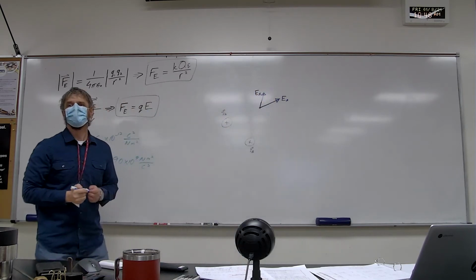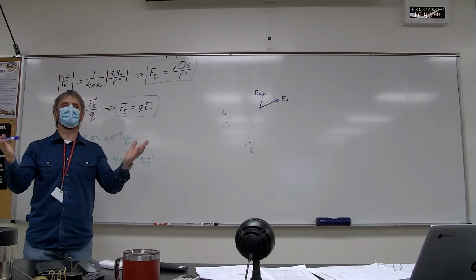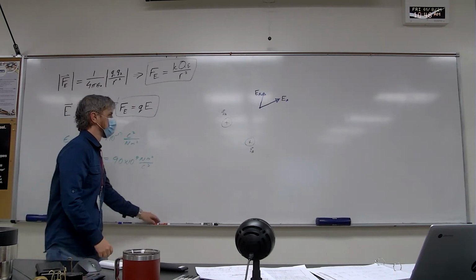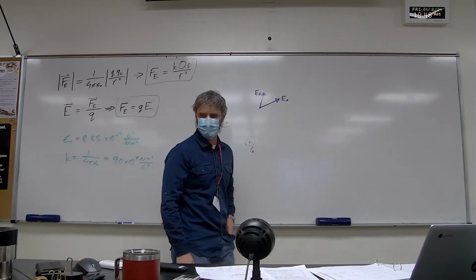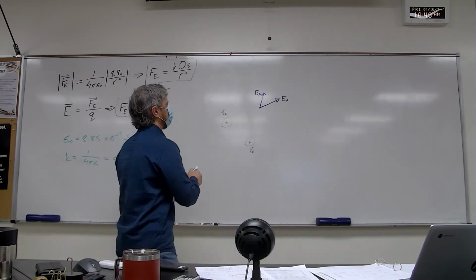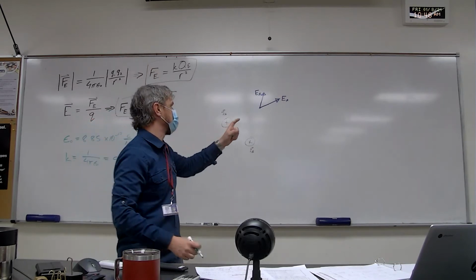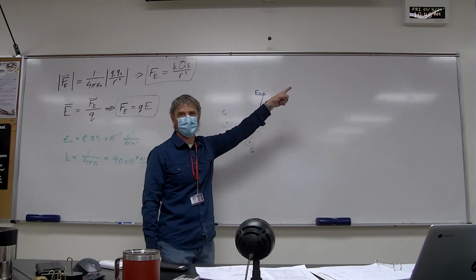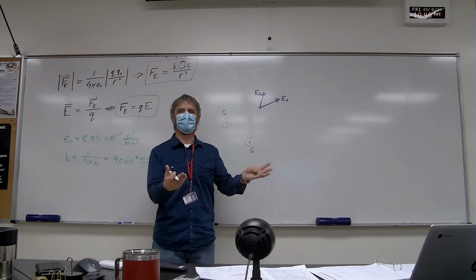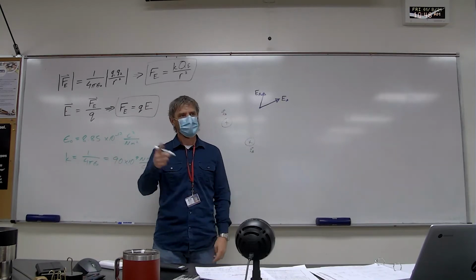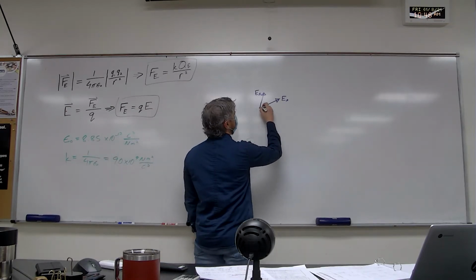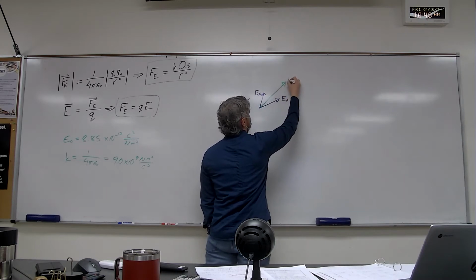The net electric field is the vector sum of those two electric field vectors. To do this rigorously, you would have to decompose these into the x and y components, then add the x components, add the y components, and then use the Pythagorean theorem to figure out the hypotenuse. But long story short, that ends up being the net electric field.